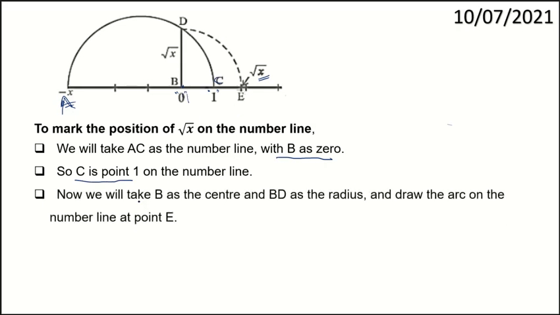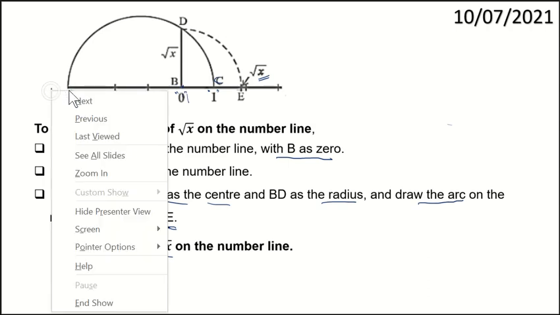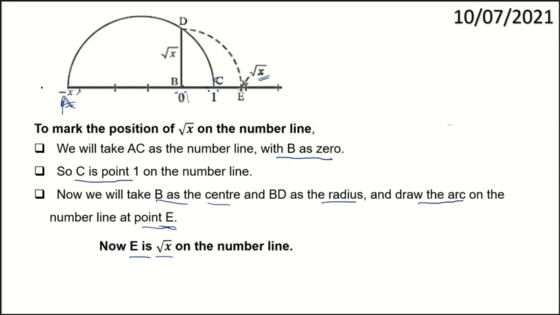Point E, which is at the distance or length BD, with B taken as the center and BD as the radius, we will draw an arc on the number line where it intersects at point E. This point E is root x on the number line, where A represents the negative direction, which is x units away. So that's why A represents minus x. Okay, very important, what you have to observe.